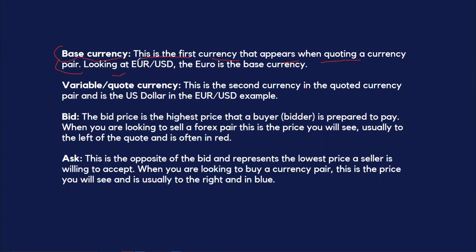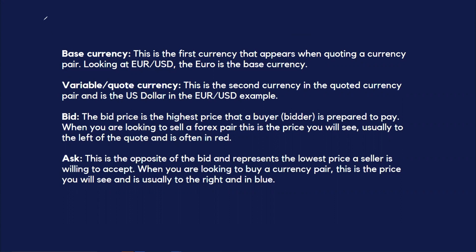Looking at EUR/USD, the Euro here is the base currency. The USD here is the quote currency. So USD is quoting the base currency, which is the Euro. These are some of the most important terms.